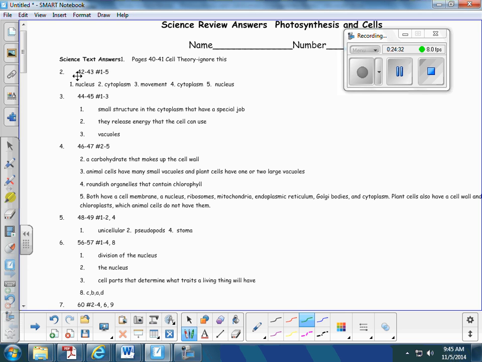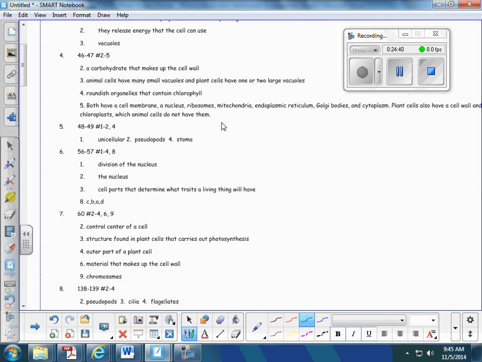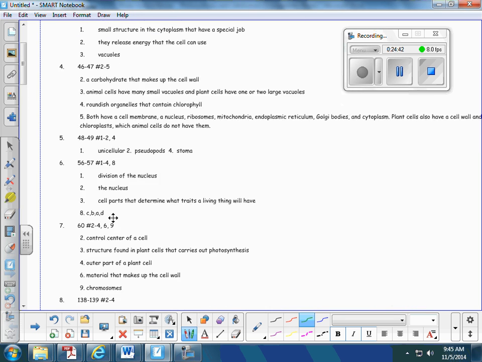Go to page 44 and 45. Look at numbers 1 through 3. This would take you probably 15 minutes to do. Do that over the weekend. But granted, we've had all of this in some form, and I'm giving you a hint.